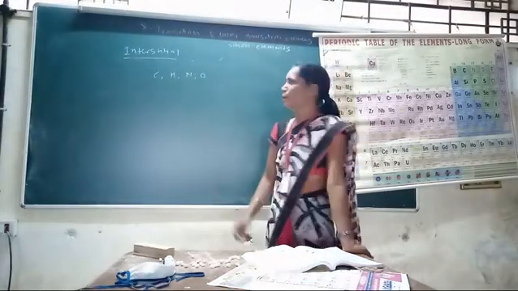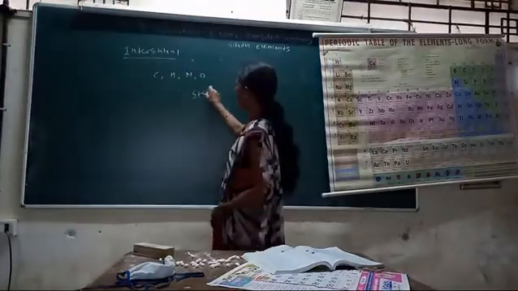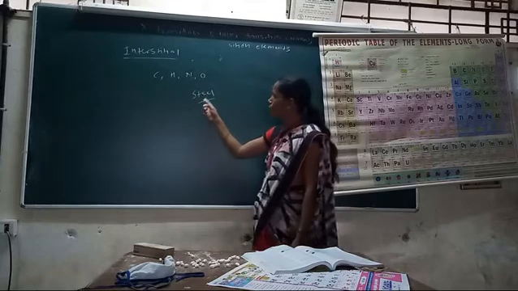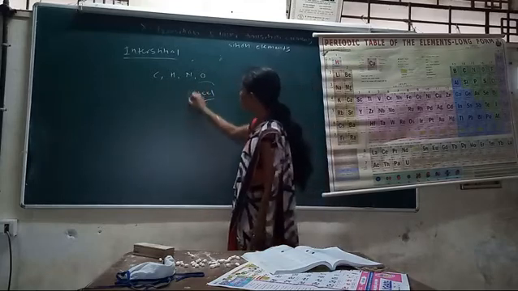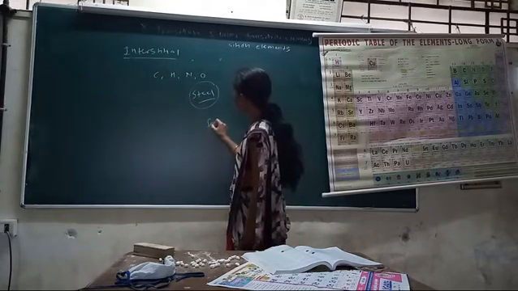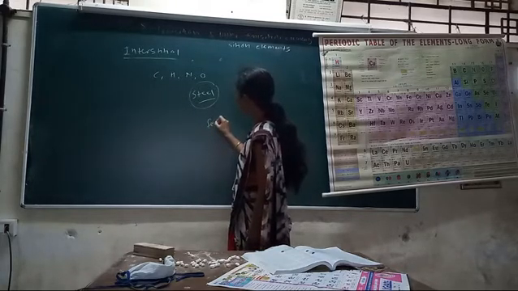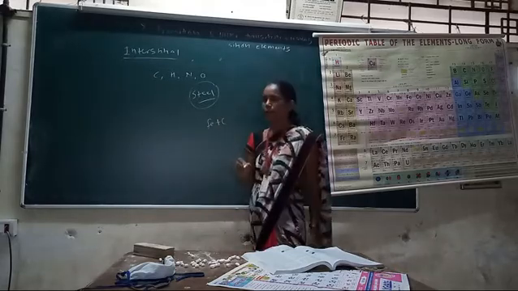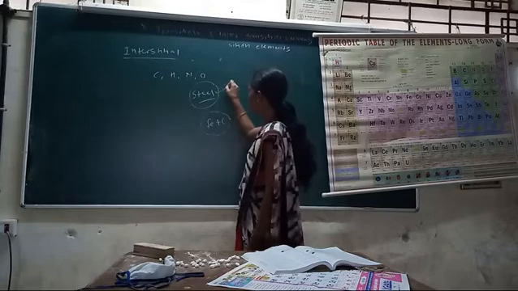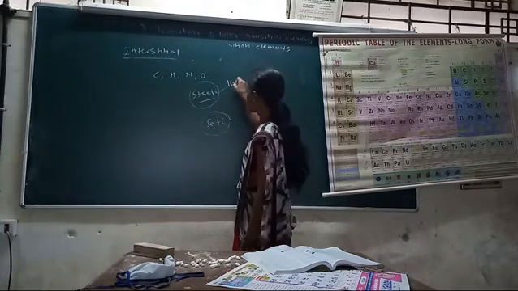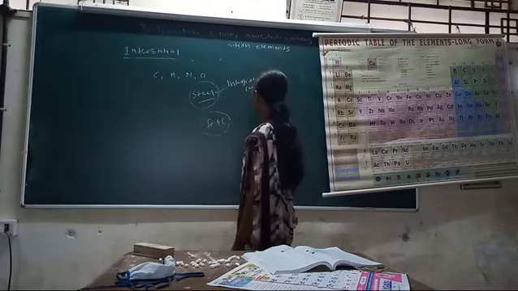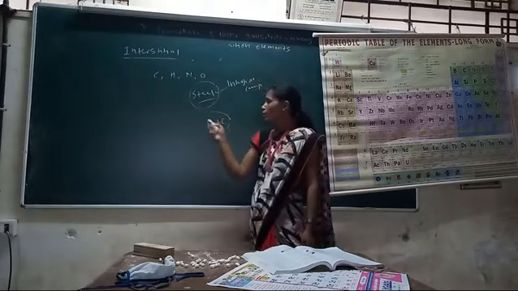For example, steel is an alloy of iron. Steel is an interstitial compound, because a small amount of carbon is added to Fe, iron, to produce the compound called steel.